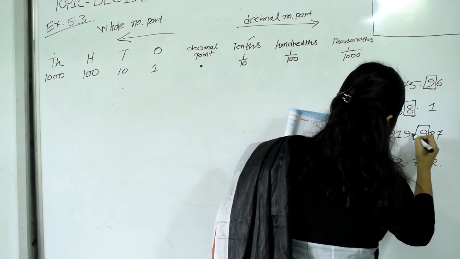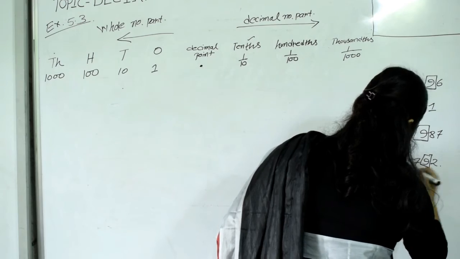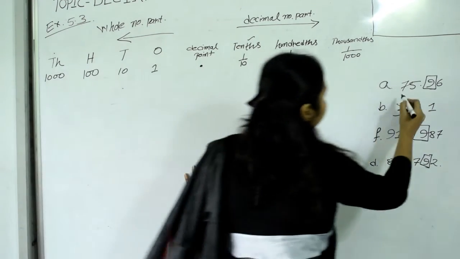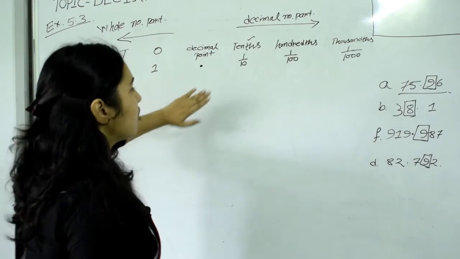Here 9 and the last one also 9. So first place these numbers into this place value chart. Okay.